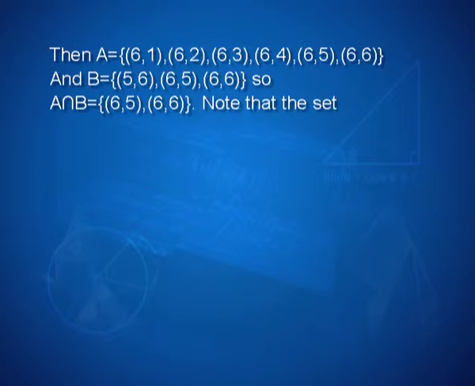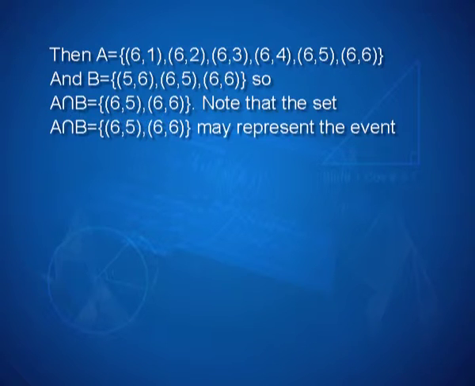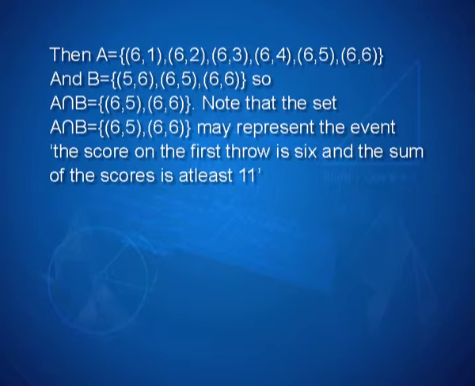So, A intersection B will be equal to (6,5) and (6,6). Note that the set A intersection B equal to (6,5) and (6,6) may represent the event the score on the first throw is 6 and the sum of the scores is at least 11.